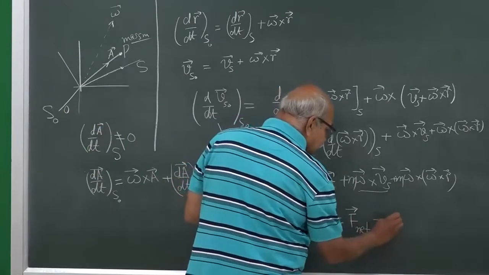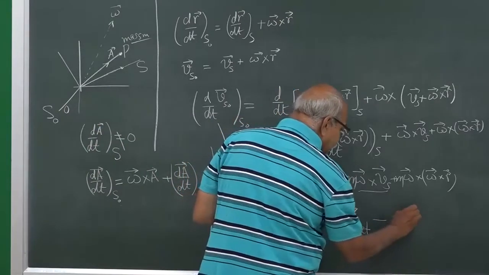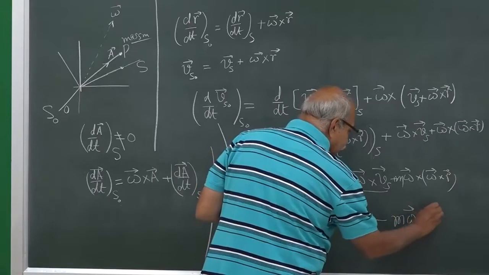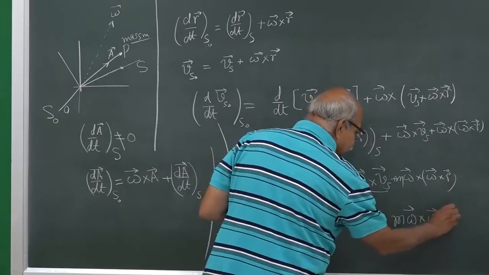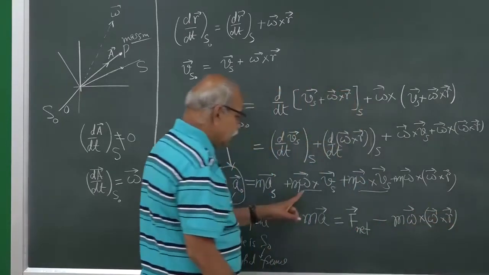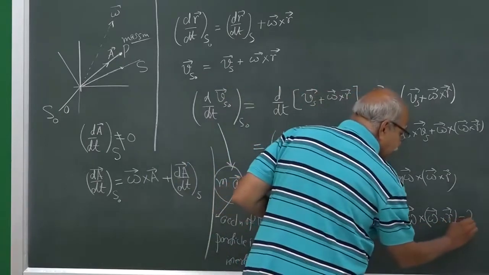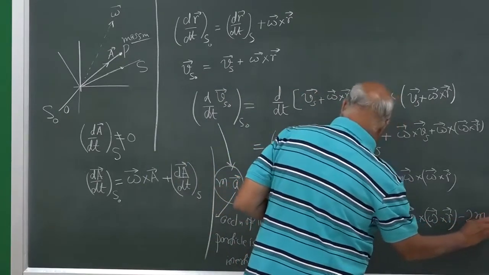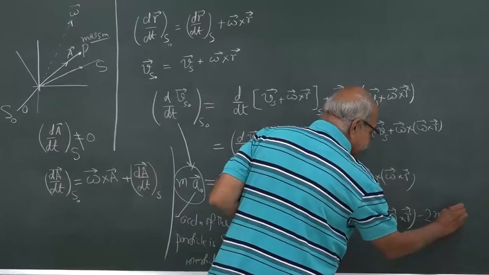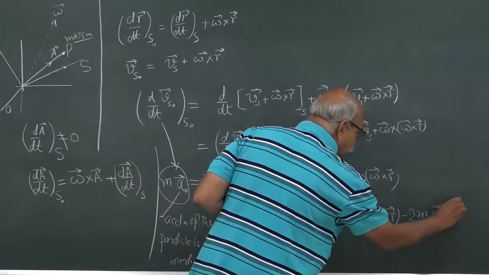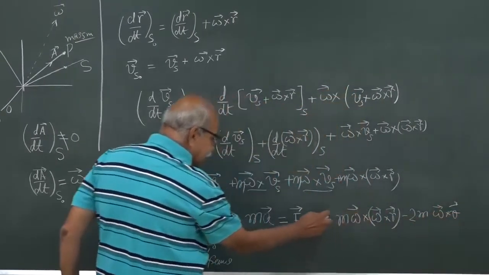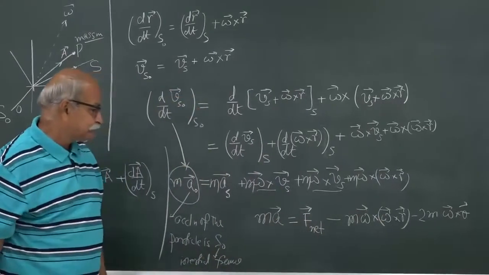Minus this quantity, m omega cross omega cross r, and then minus 2m omega cross V, and all these quantities are in S frame.